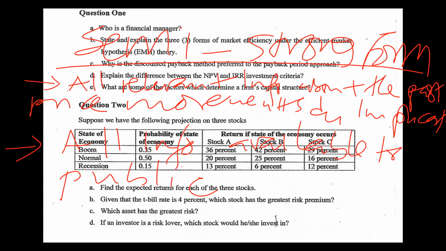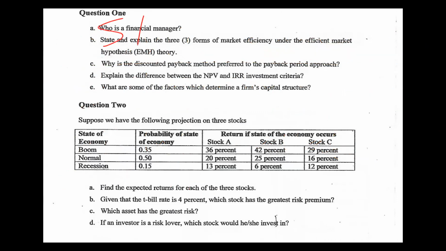That is the second form. The third one is called the strong form of market efficiency.